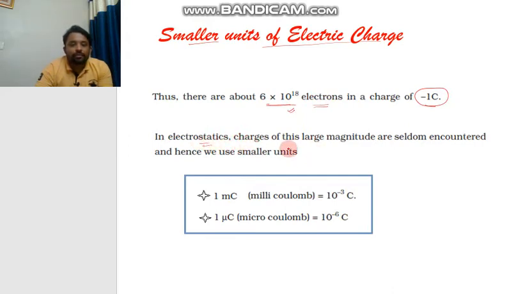As I have told you already that charges of this large magnitude are seldom encountered, so we use smaller units. We have two smaller units. First is 1 millicoulomb, which is 10 raised to power minus 3 coulomb, and second is 1 microcoulomb, which is smaller than a millicoulomb. 1 microcoulomb is equal to 10 raised to power minus 6 coulomb.